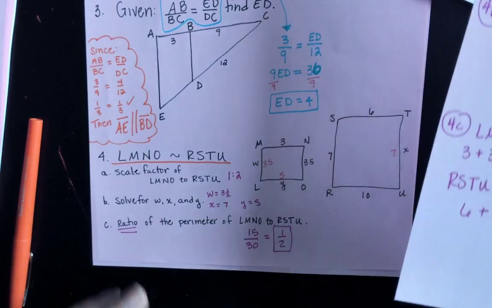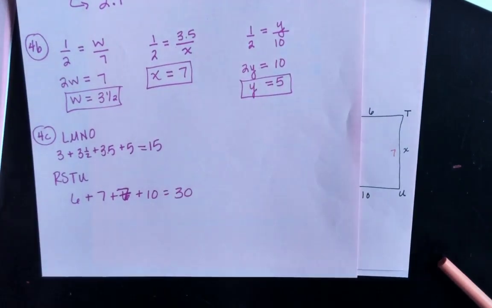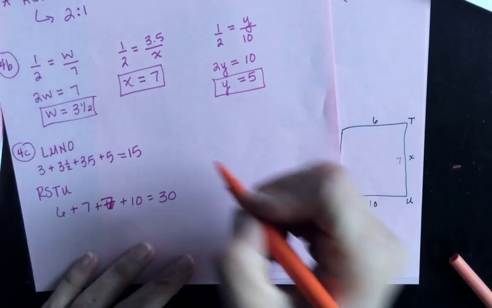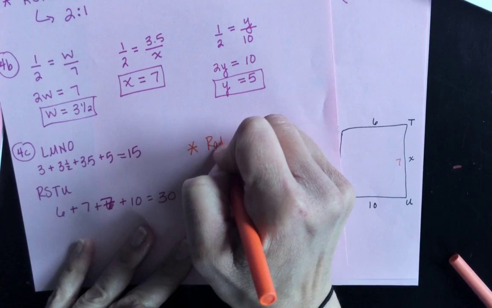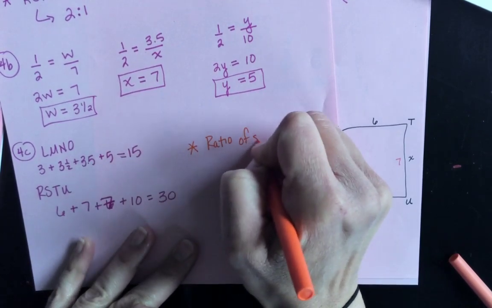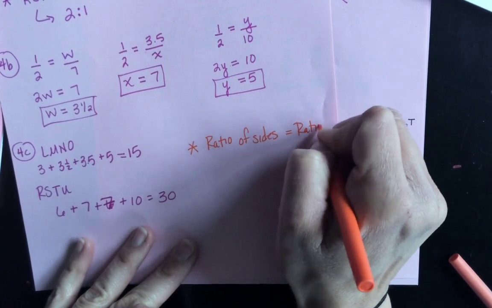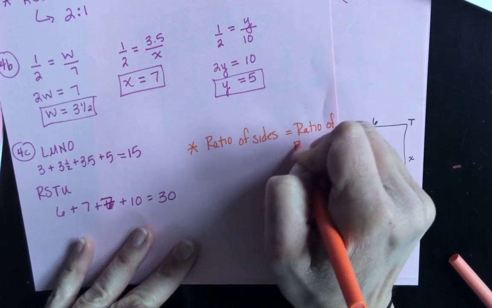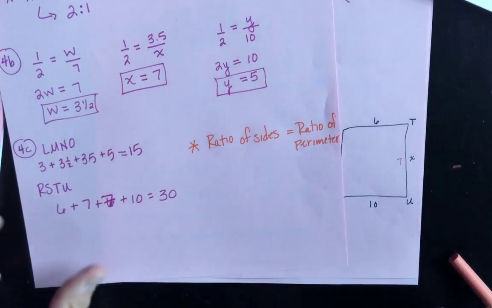Now we did talk as a side note, because again, I'm just kind of reviewing, that we said the ratio of the sides is equal to the ratio of the perimeter. So we just saw that. That was a 1 to 2, 1 to 2.